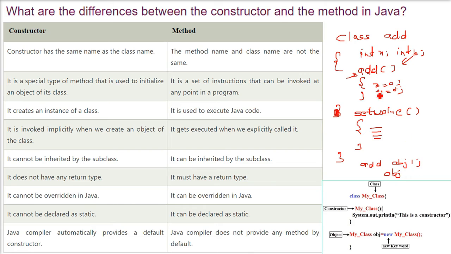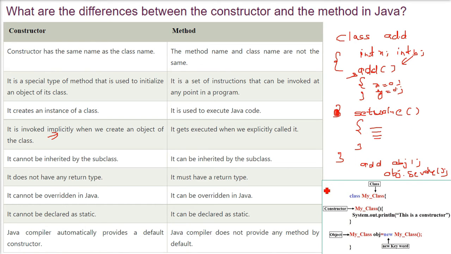So a constructor is invoked implicitly when we create an object, but for calling set value, you have to call it explicitly through the object. The default constructor will be called implicitly. The method you have to call by yourself.